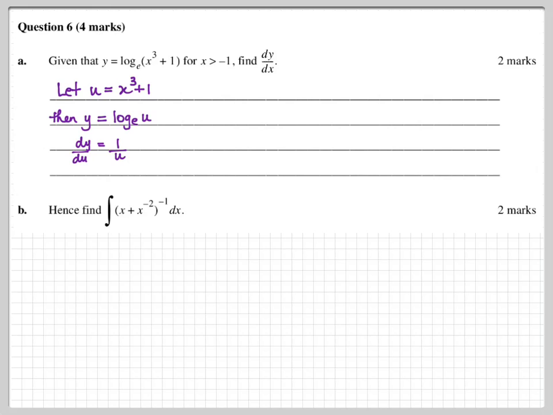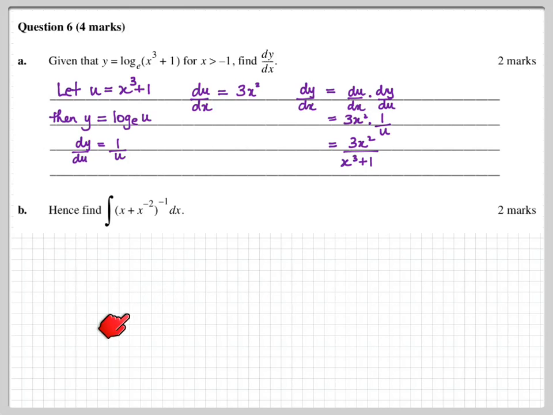And if we differentiate u with respect to x, we get 3x squared. Write down what the chain rule means, dy/dx equals du/dx times dy/du. Substitute those, we get 3x squared times 1 over u. Substitute for u, and we get 3x squared over x cubed plus 1.